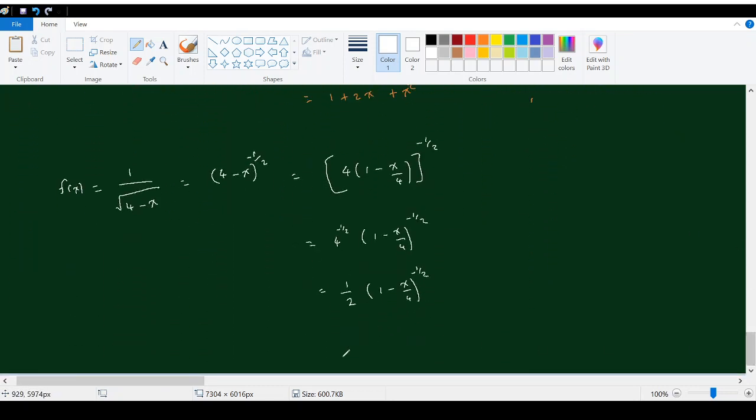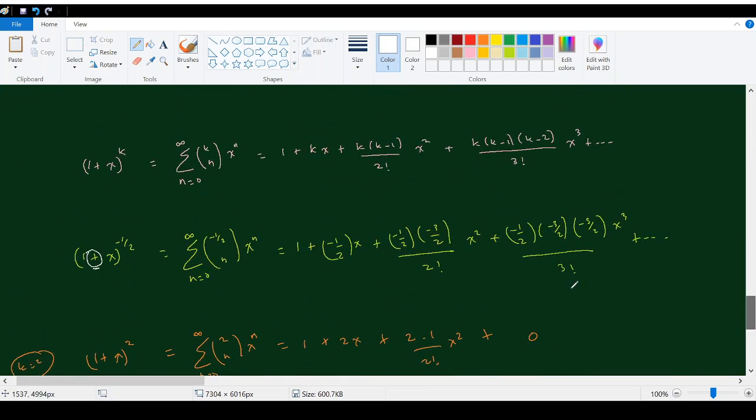So we should rewrite this one once again so that you have a plus sign, but you cannot just delete this negative and write a plus instead, then we will be changing the original problem. So what we can do is we can rewrite it like this. Hence, now we have everything according to our binomial expansion theorem, right?